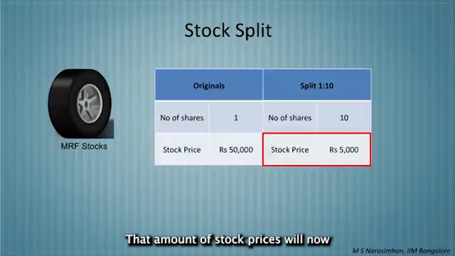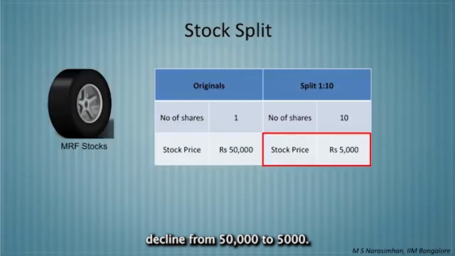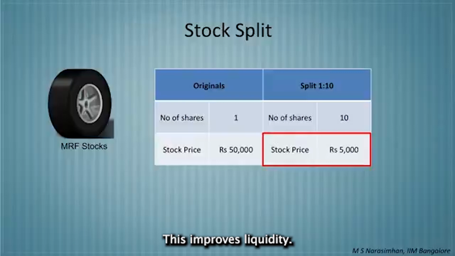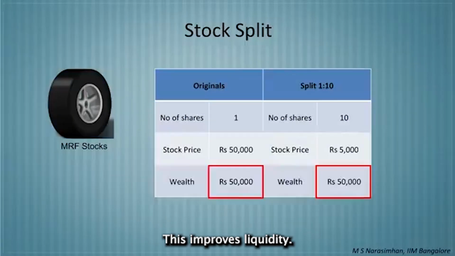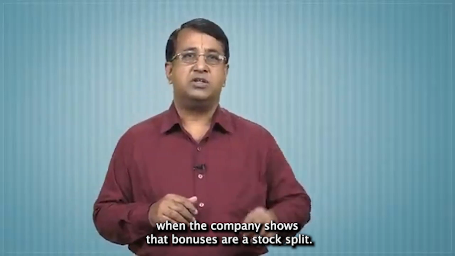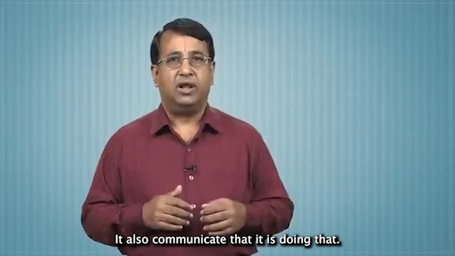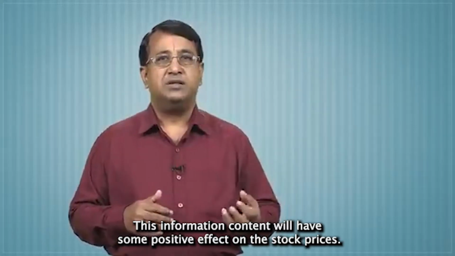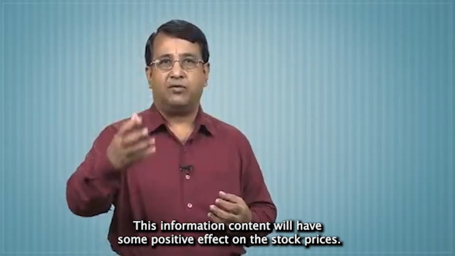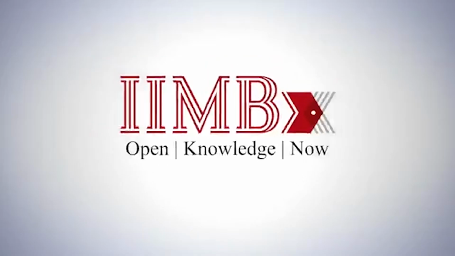The MRF stock price will now decline from 50,000 to 5,000. This improves liquidity. Remember, there is no change in your wealth. When the company issues bonus shares or a stock split, it also communicates that it is doing well. This information content will have some positive effect on the stock prices.